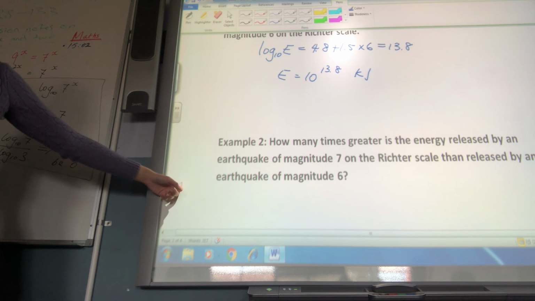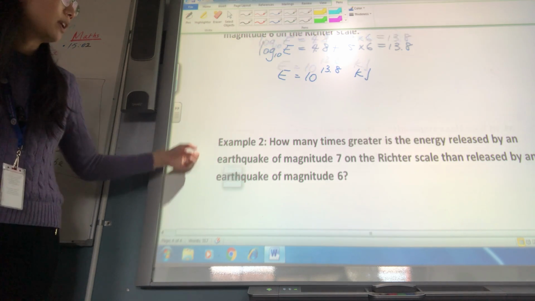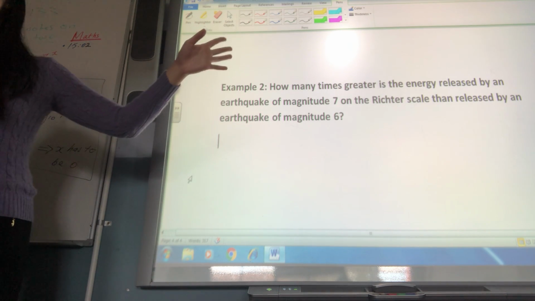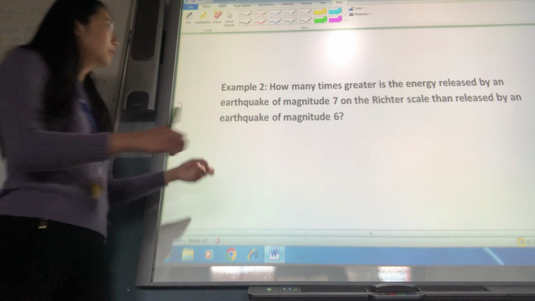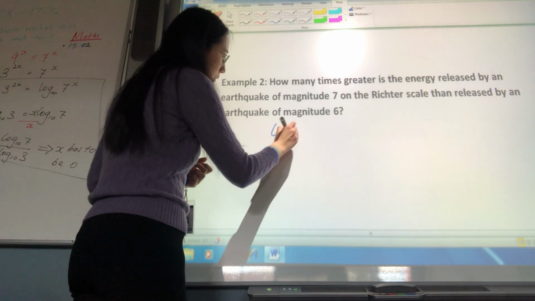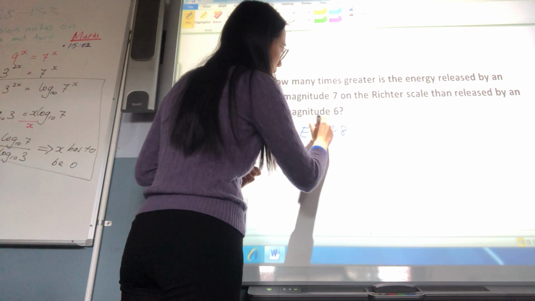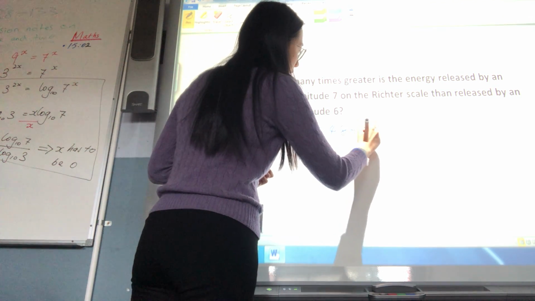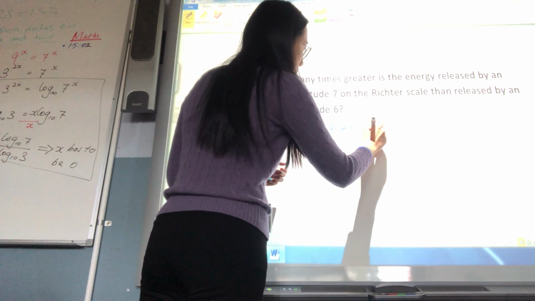Alright, next one. How many times greater is the energy released by an earthquake of magnitude 7? So, what do you do? You substitute it. Yeah, so it's very simple, isn't it? So log 10 of E equals 4.8 plus 7 times 1.5.